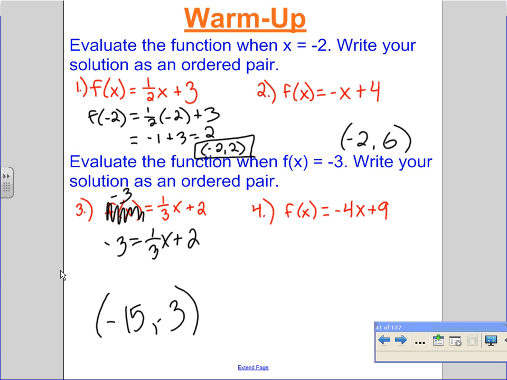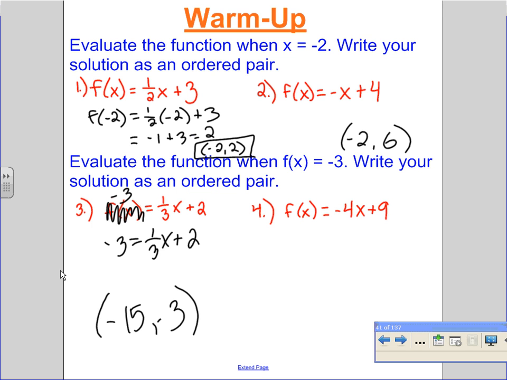Wait, actually, you have them backwards. 3, -3. Because -3 is y. Okay. FYI. Good job. You have them backwards. Remember, x is 3. You know what I mean? So it should be x, comma, y.